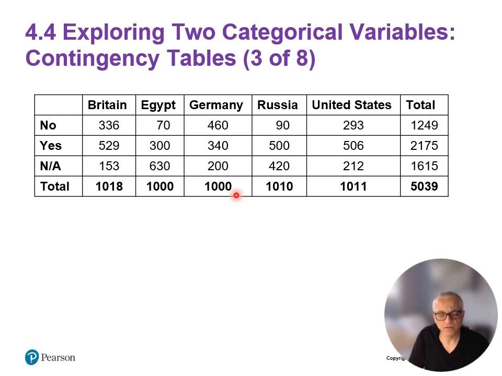Another one: what's the probability that this person said no and comes from the United States? No and United States is 293 divided by 5,039. Now I'm going to ask the question differently. Here the joint means no and United States happen at the same time. We call it joint, and we divide by the total sample.